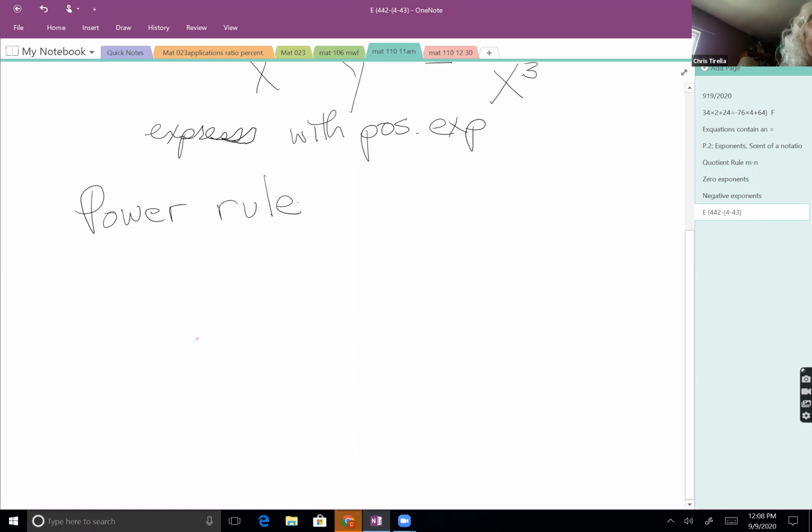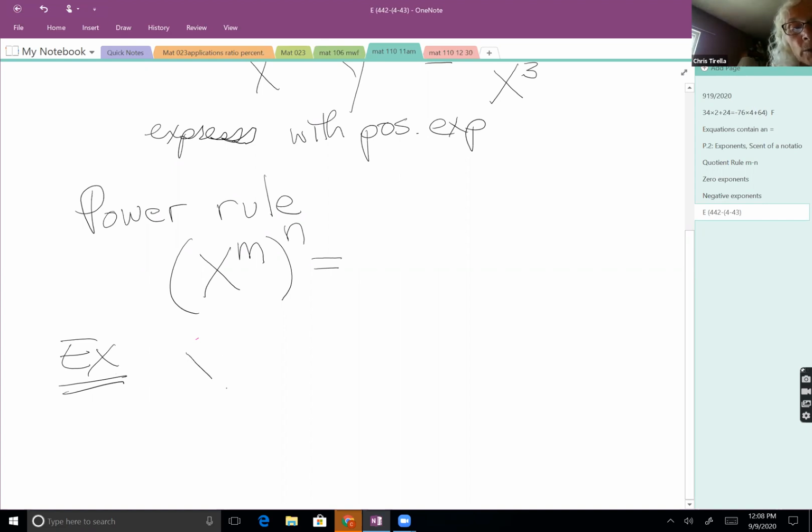And power rule is if I take x to the m and raise it to the nth power. Does it help when I do it with number examples to explain why the rule works?